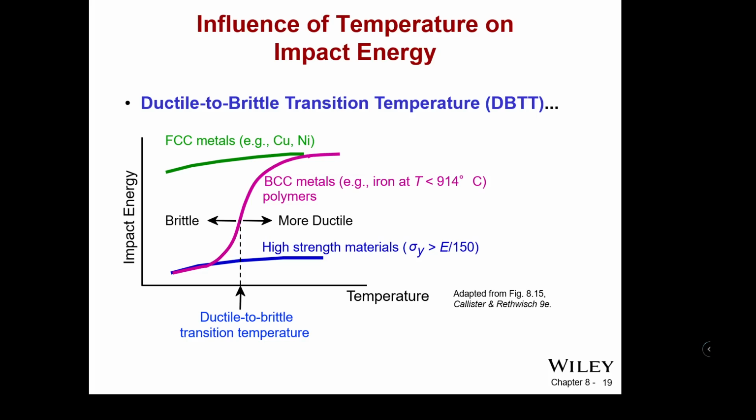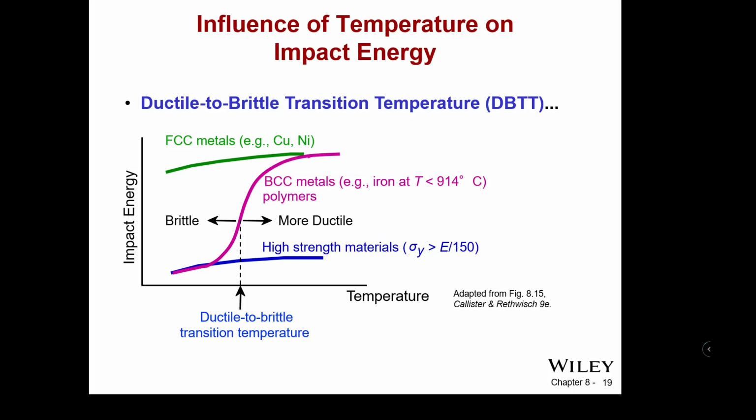FCC metals are much, much, much higher in the total impact energy. So these are the copper, the nickel, things of that nature. BCC metals and polymers tend to be in that range described by the red curve.